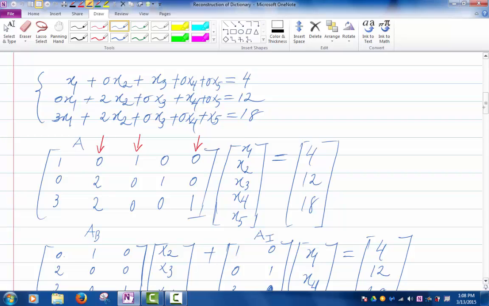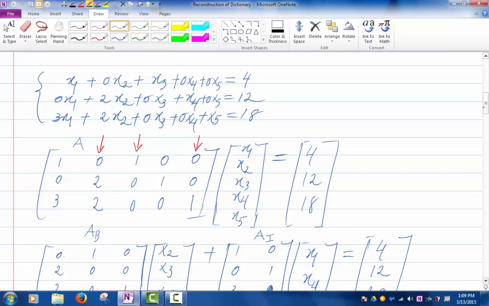Now, anytime I have a system of linear equations, I can express it in terms of matrix equations, right? So what's the coefficient matrix? How do you write down the coefficient matrix? You guys remember linear algebra? So I get 1, 0, 3. The coefficients of x2 will be 0, 2, 2.